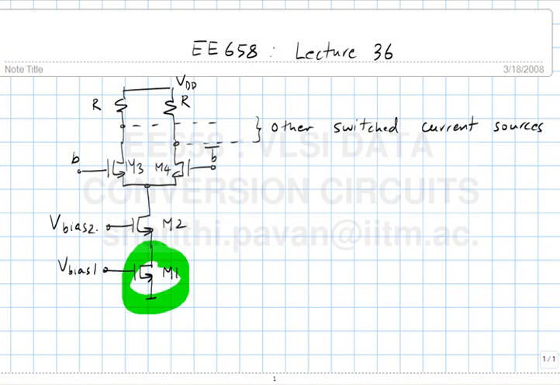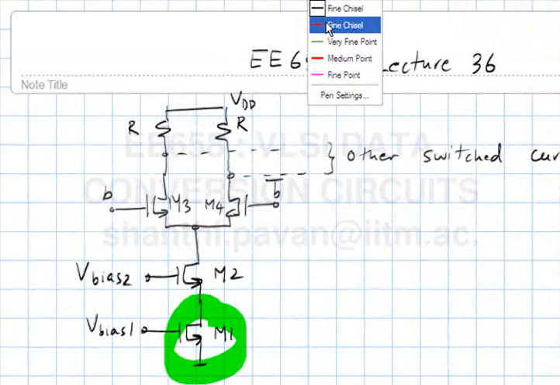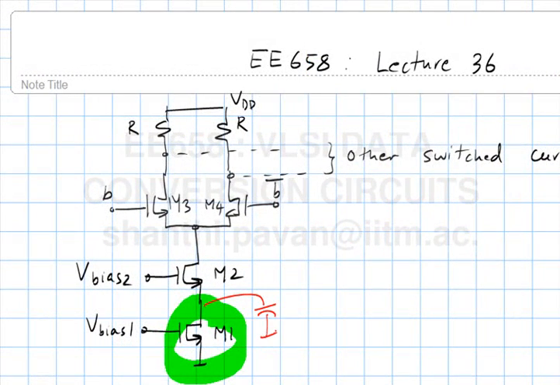Another important function of M2 is the following. We know that M1, because it's dependent on matching, is likely to be a large device, because you want the current sources to match very well to hit a given resolution. Now if M1 is a large device, then the parasitic capacitance here is likely also to be large, correct?